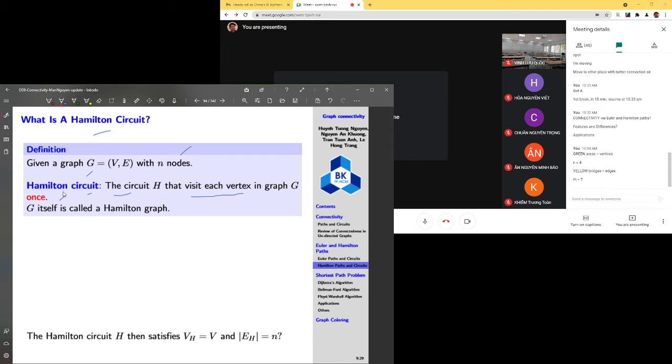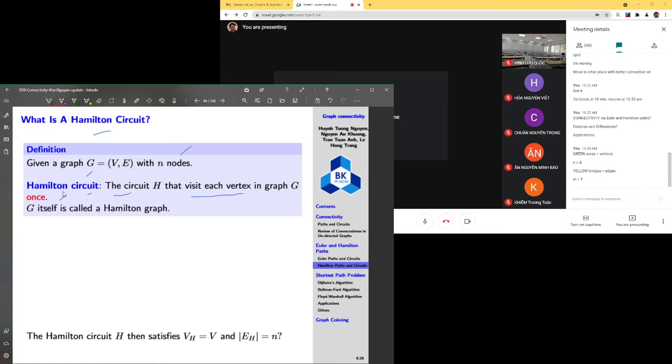So the circuit visits, so that means we have this identity. And furthermore, because you visit each vertex only once, the Hamilton circuit can be thought of as just a cycle Cn inside the original graph G. You remember, the graph G can have much more connection, where the C phi here consists of exactly n connection.